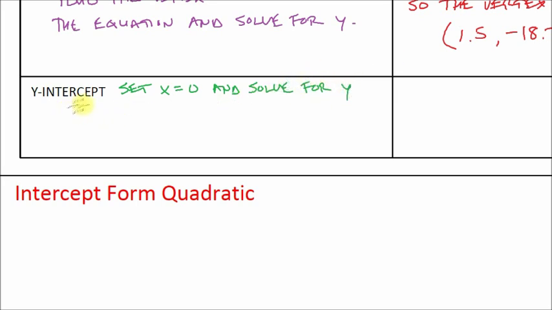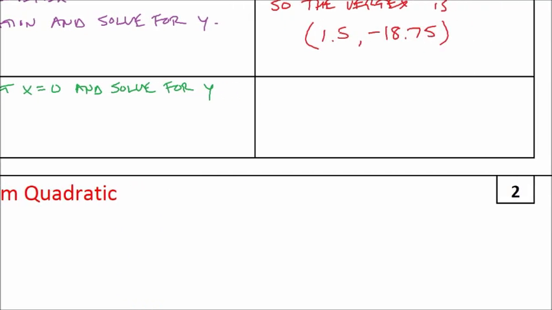And this is because y-intercepts will always have an x value of 0. So let's go ahead and go over to the example and let's go ahead and solve this. So we're going to go ahead and set x equal to 0 and solve for y. So y is going to be equal to 3 times 0 plus 1 times 0 minus 4.